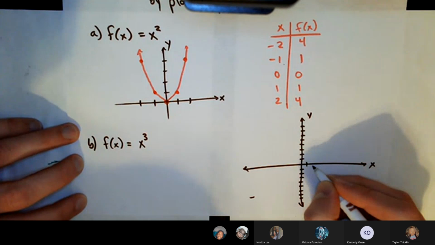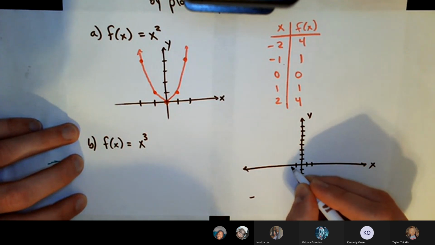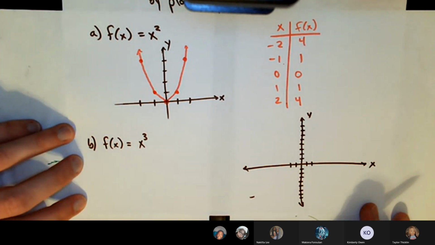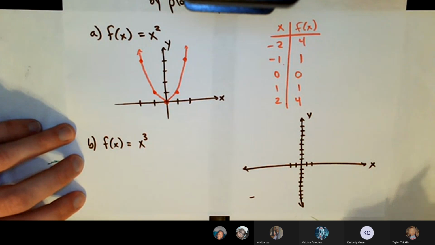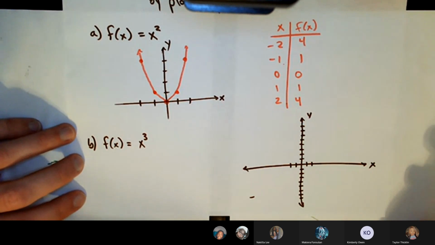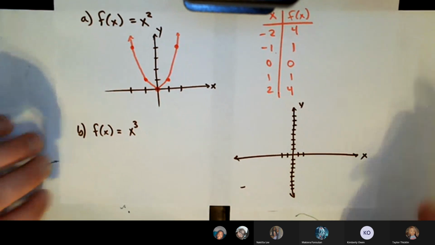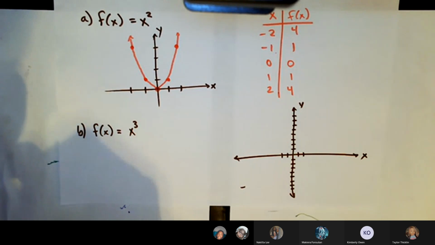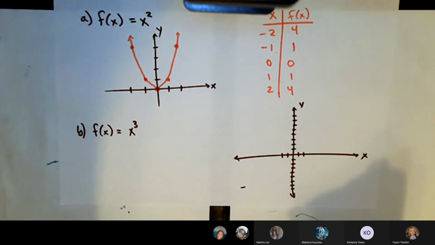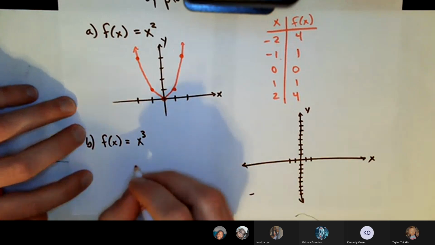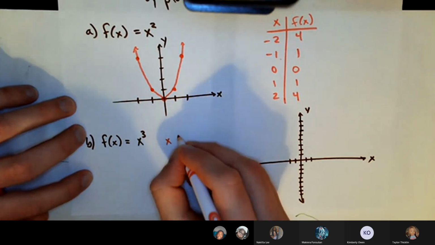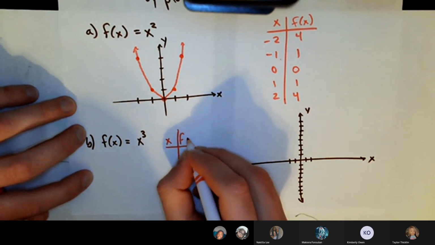Sometimes when you're graphing functions for the first time, maybe it's hard to know how big to make your graph, right? That just comes from experience, and I'm telling you to help you out so you don't have to redraw the graphs in your notes. All right, so let's make our table of values. We've got x, we've got f of x here.